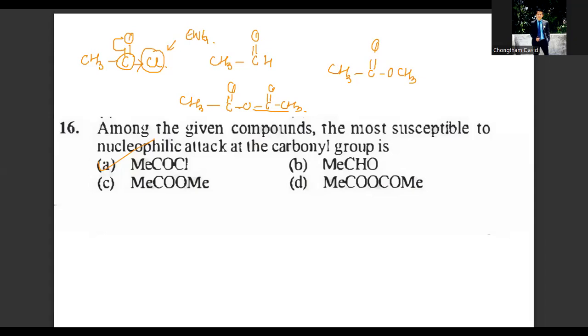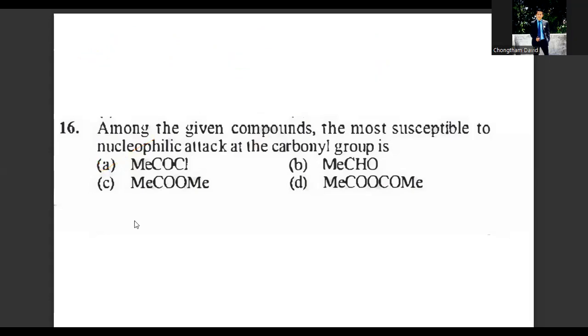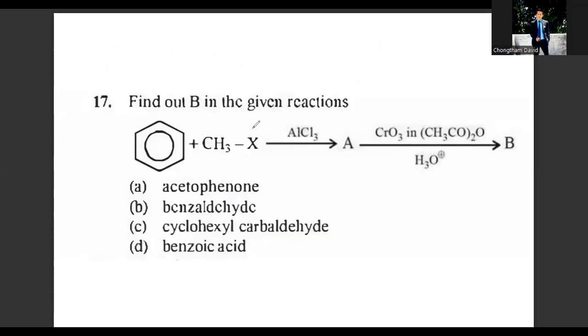Okay, let's see question number 17. Let me clear all these drawings. Question number 17, read together. Find out B in the given reactions. Benzene treated with haloalkane gives A, but you are asked to find B, right? Subsequently, you have to write the reaction scheme.